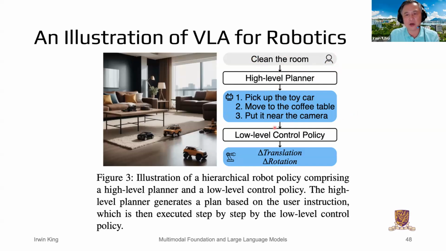How does it actually get embodied into low level control policies? Like pick up the toy car. How do you pick them up? Where do you go? Where do they belong? Okay, all these things are good questions.